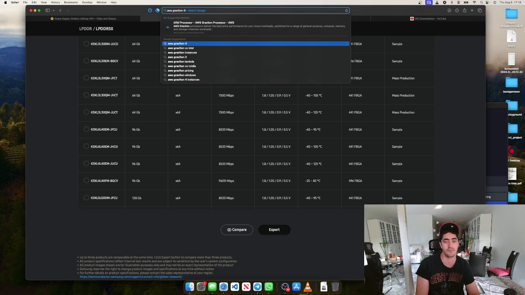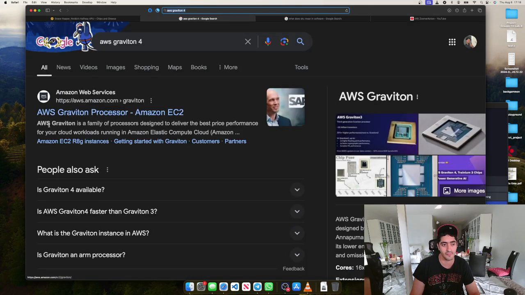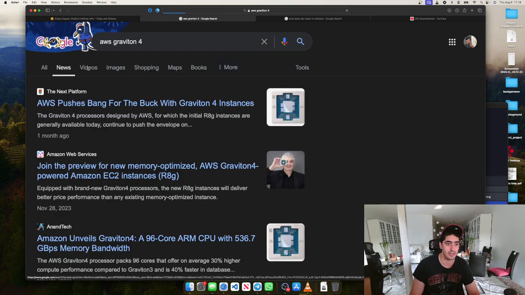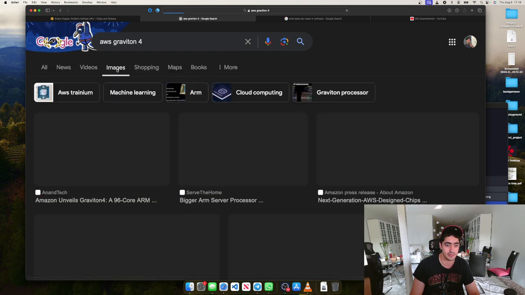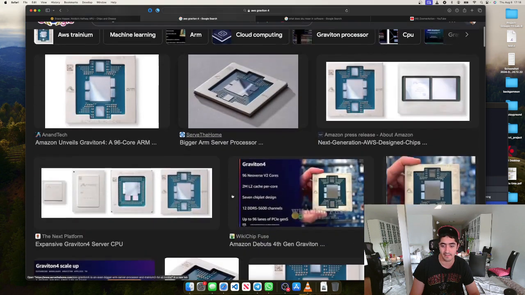Graviton is a family of processors designed to deliver the best price performance for your cloud workloads running in Amazon Elastic. So EC2, yeah, Elastic Compute. Interesting.